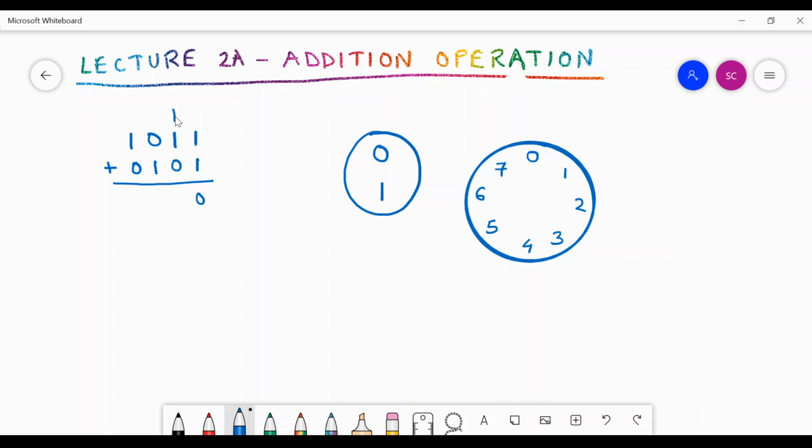Now you have to add this 1 with this 1, so you are getting 1 plus 1, which is, again, you start from here 1, you reach this 0. Again there is 1 and 1, again you will get the same result. So in this way you can do the binary addition also.